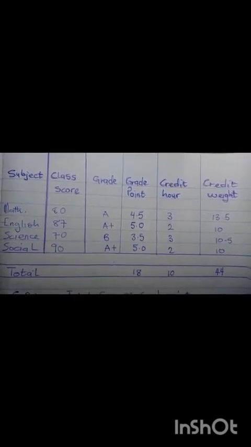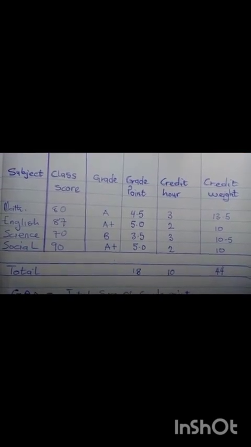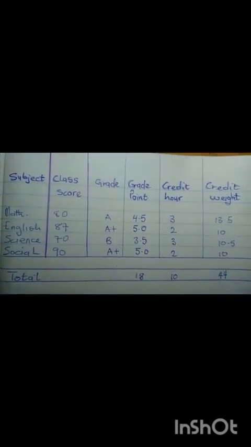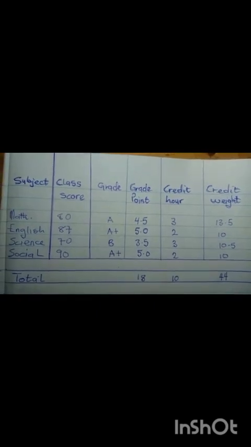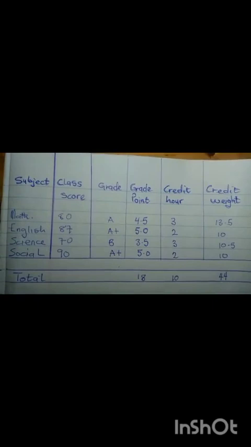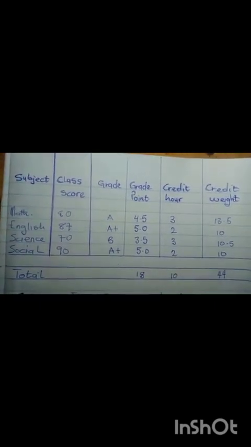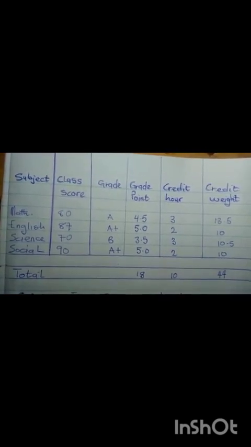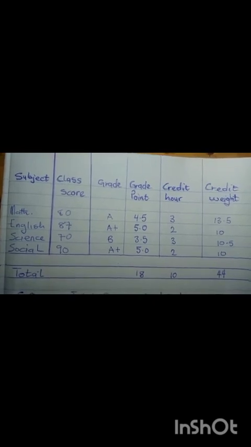So you could see that the maths credit weight was 13.5. We just got that by multiplying the 4.5 of the maths, which is A, by the 3-hour period, and then the rest was 10 for English, 10.5 for science, and then 10 again for social.